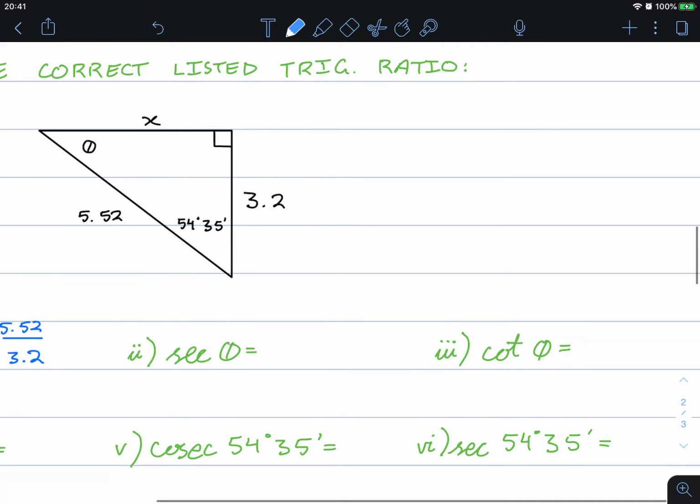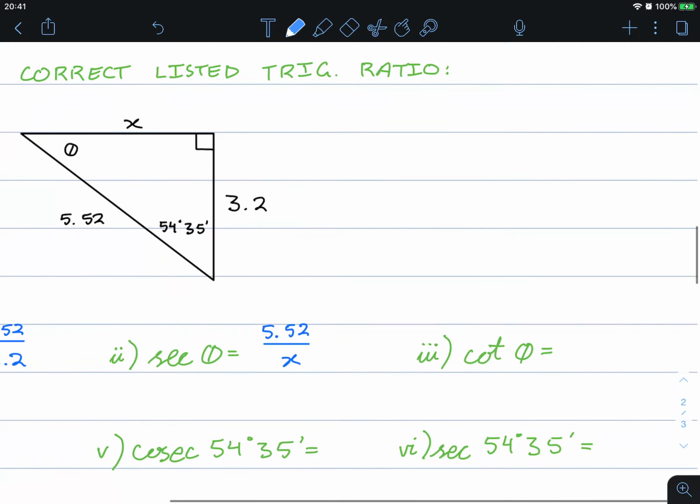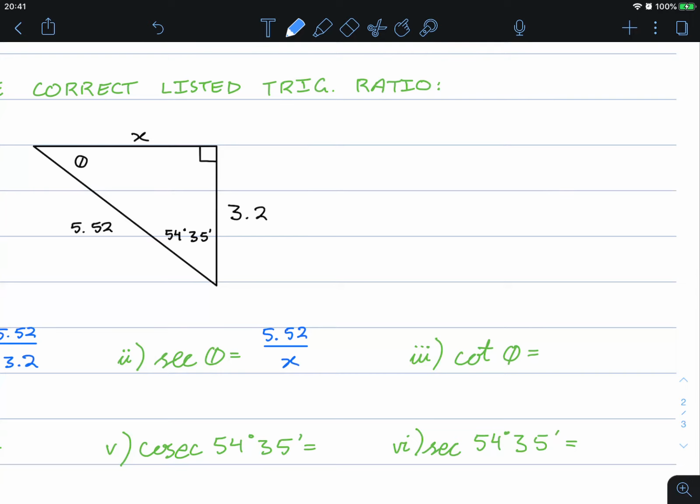Sec theta relates to cosine or cos. Cos of theta in this example would be x over 5.52, which means sec of theta is the reciprocal of that, so 5.52 over x. Cotangent theta or cot theta relates to tan theta.